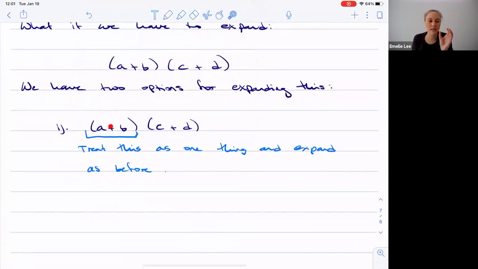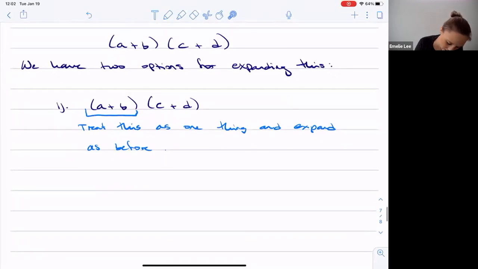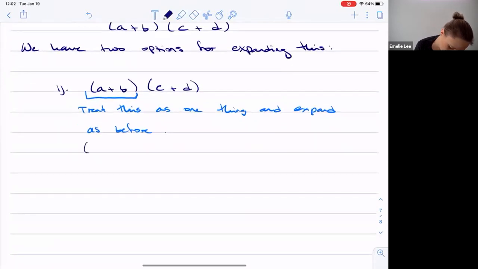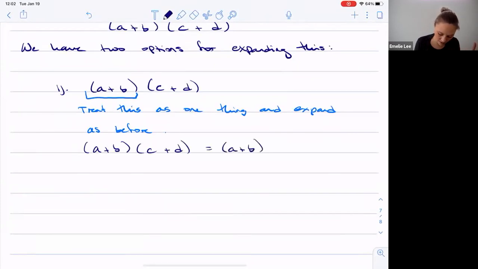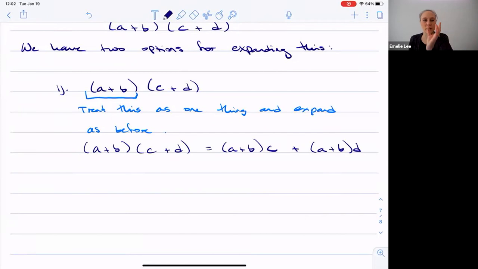So then you've got a plus b, and then you can expand that times c plus a plus b times d, right? So what that looks like is a plus b times c plus d becomes a plus b as one thing times c plus a plus b times d, right? So you treat that as one thing and then you expand it.